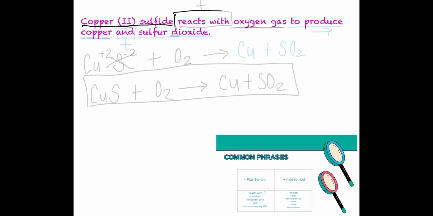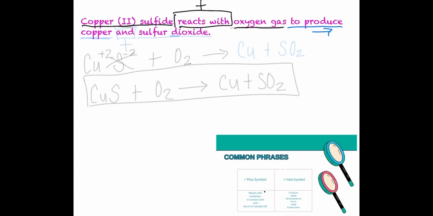Since I see "reacts with," I'm going to look down at my common phrases, and that lets me know I'm going to put a plus sign there. Then I see that I have oxygen gas, so I'm going to have copper sulfide and oxygen gas on my reactant side. Next, I see the phrase "to produce," which means I am going to write a yield sign.